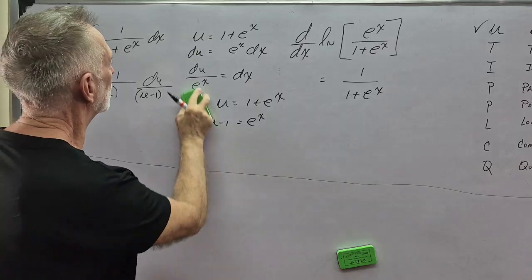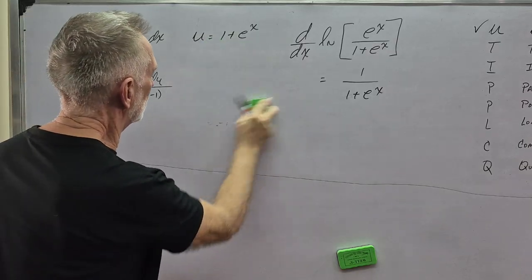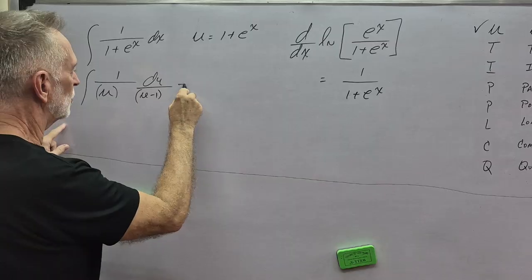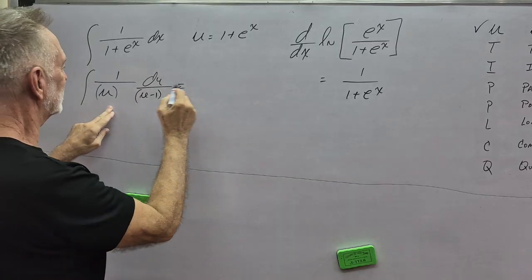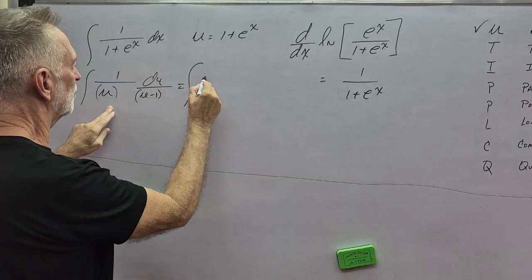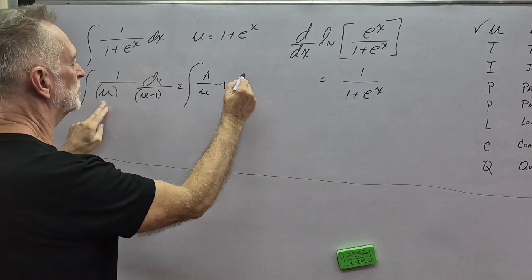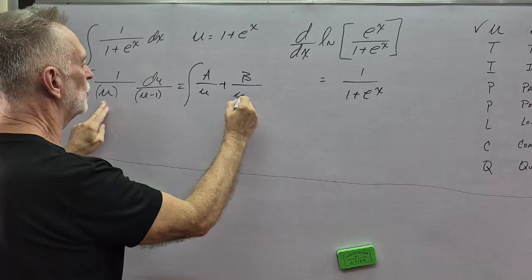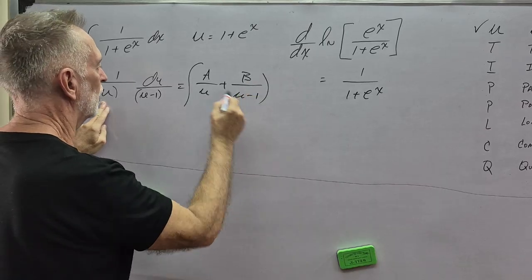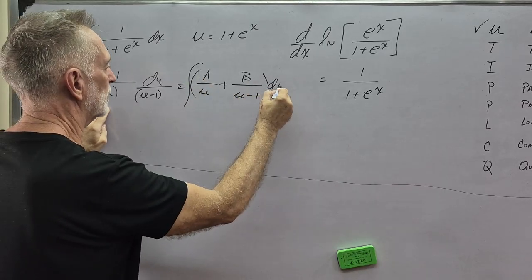The only thing I need here is that term. So with partial fractions, I can say this equals the integral of a over u plus b over u minus 1, and all of these are integrated with respect to u.